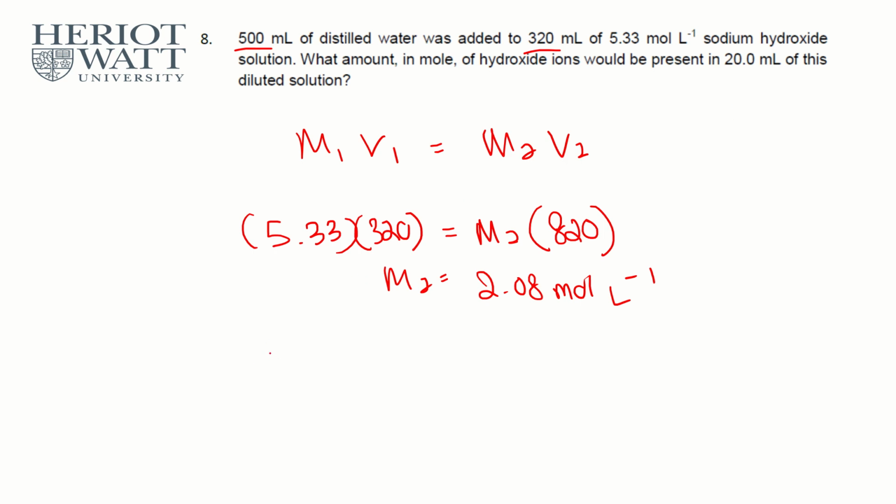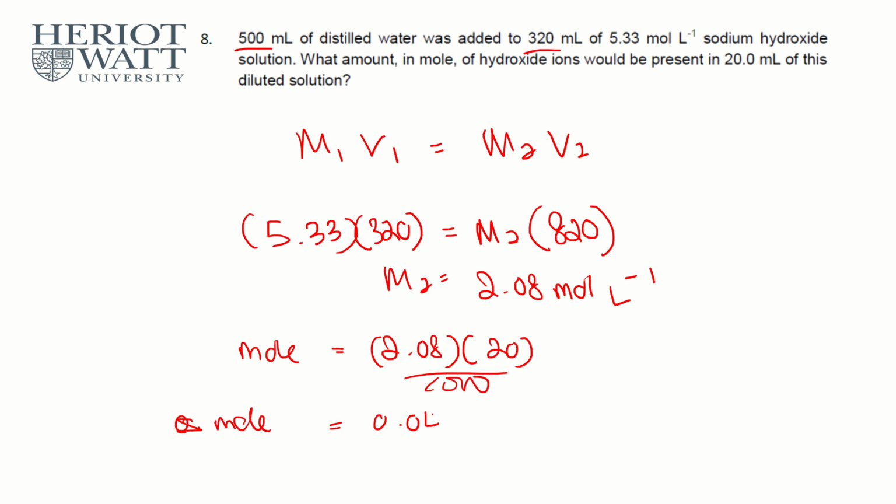What is the formula? Mole equals MV, 2.08 times 20 over 1,000. You will get the mole of NaOH, which is 0.0416 moles. This is the moles of what?